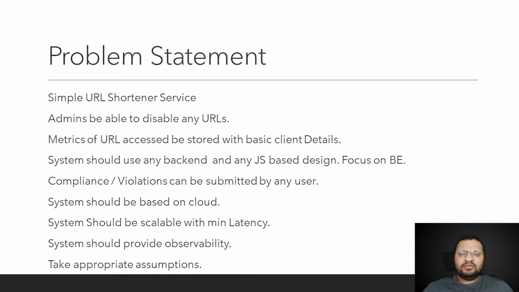We also need metrics around a particular URL: how many times it is opened, from where, and by which user. We are not expecting PII for the user, but some basic information like IP addresses and user agent needs to be stored.